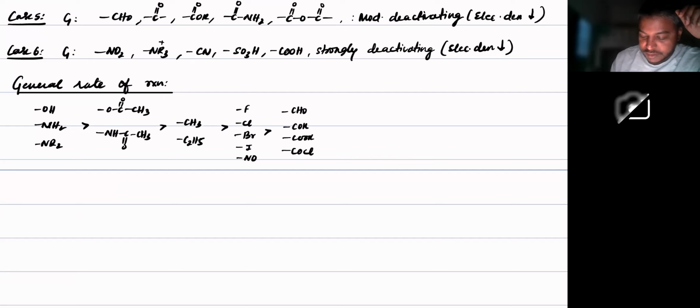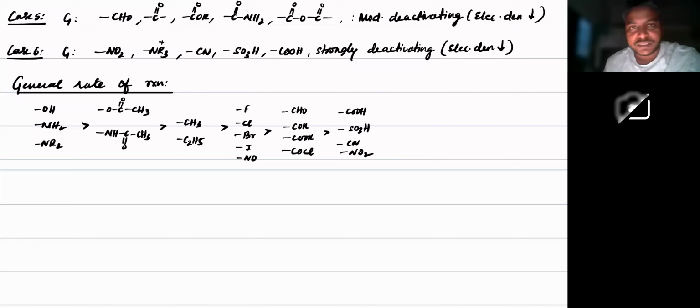Then comes acids, sulfonic acids, cyanides, nitro groups. This is the general order. If you notice this order, you should be able to figure out whether the electron density is increasing or decreasing.